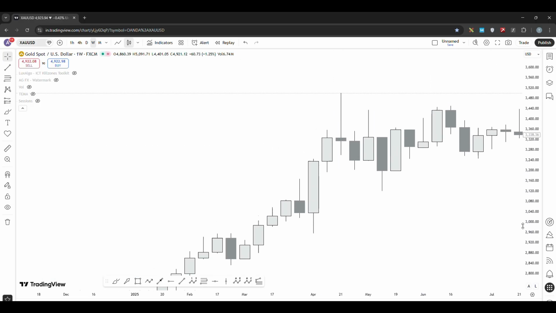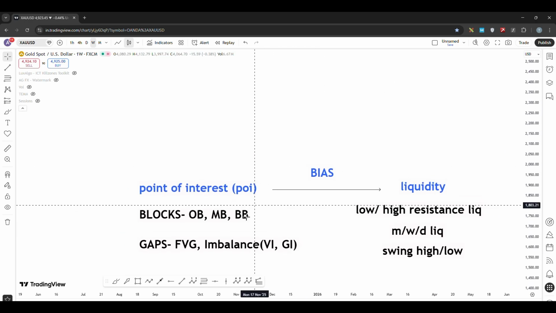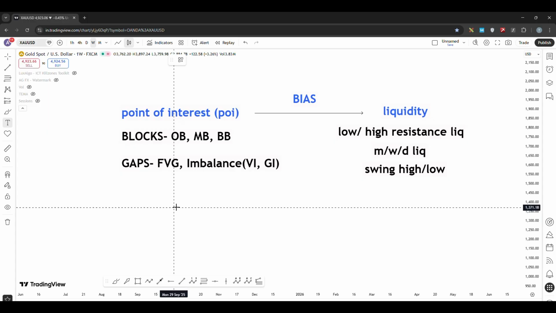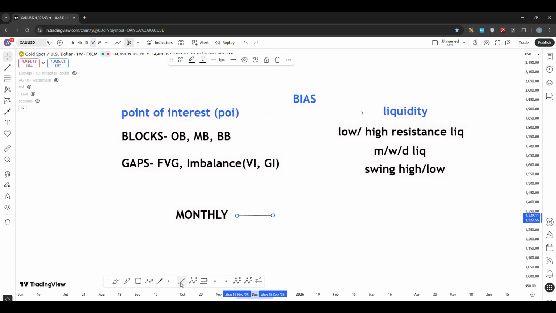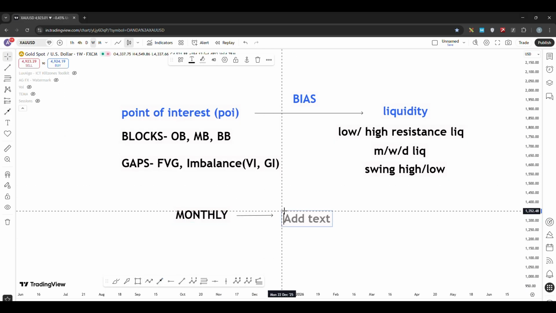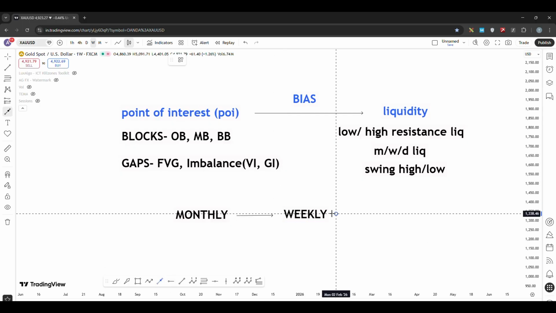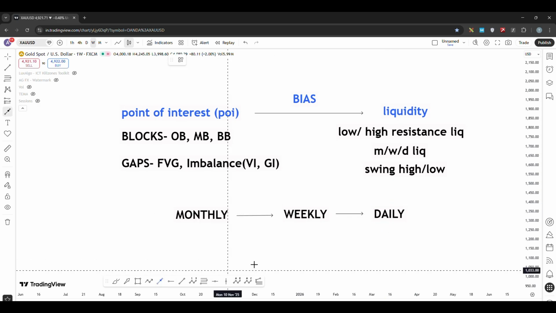Okay, so this is the weekly chart, and remember, whenever we do our analysis, we always start from the higher time frame, preferably the monthly. We will always start our analysis from monthly, then we move on to weekly, then daily time frame, and after that 4 hour.